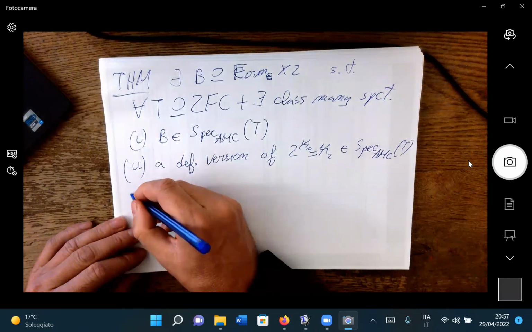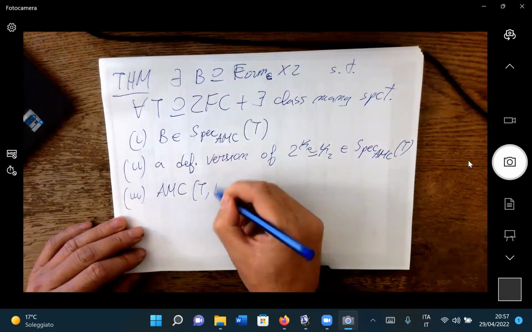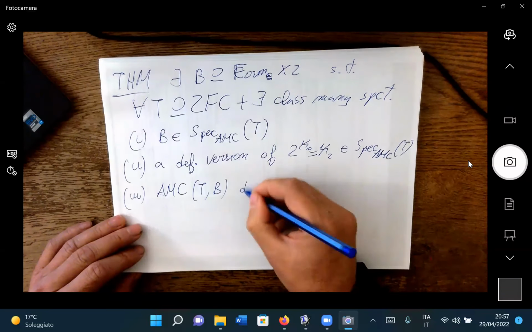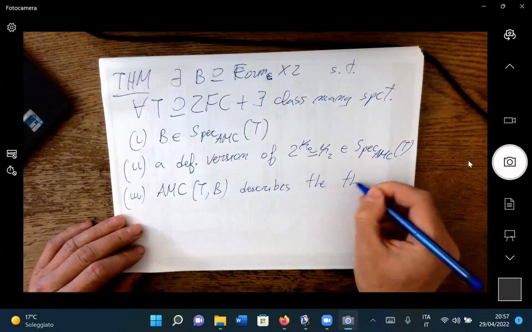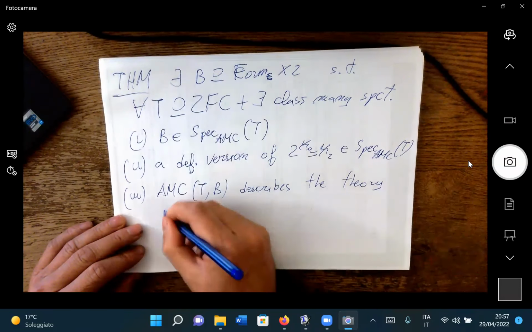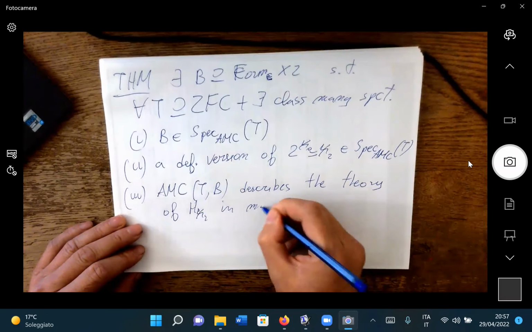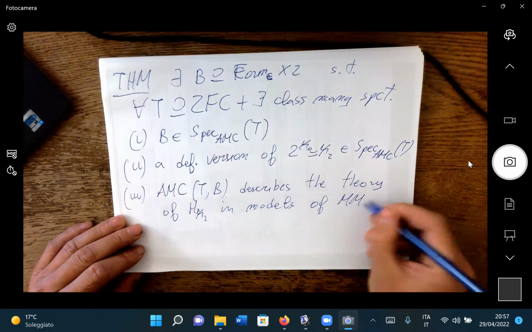And 3, AMC of T with respect to this signature given by B describes the theory of H aleph 2 in models of MM++.